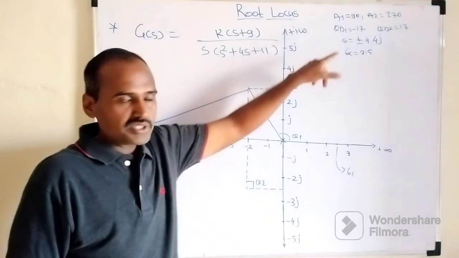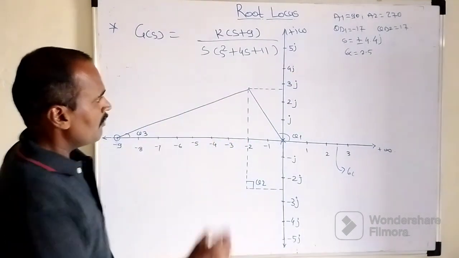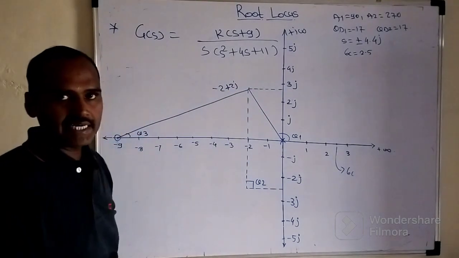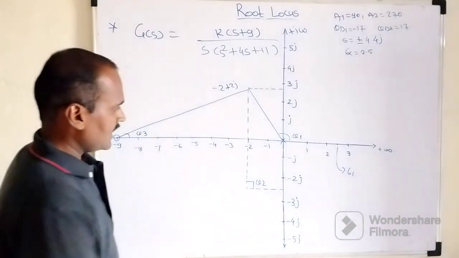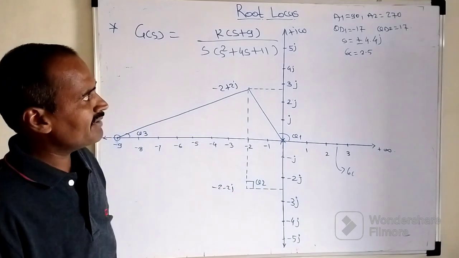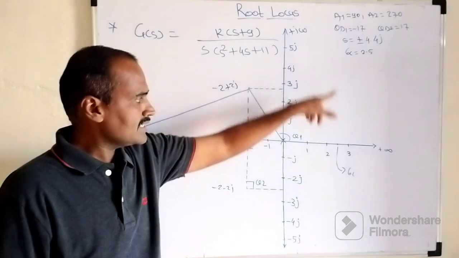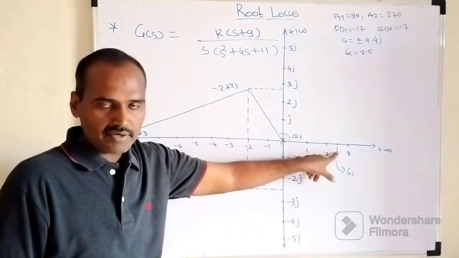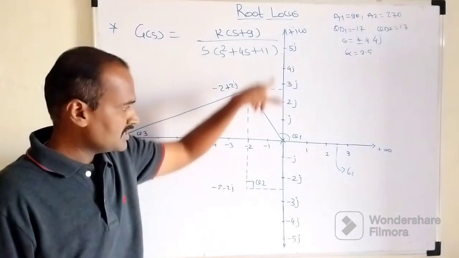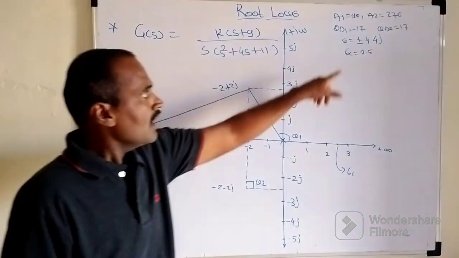The angle of departure for the pole which is present at minus 2 plus 2j is exactly equal to minus 17 degrees, and for the pole which is present at minus 2j it is plus 17 degrees. Here the centroid is exactly equal to minus 2.5, and the intersection point on the j omega axis is nothing but what?